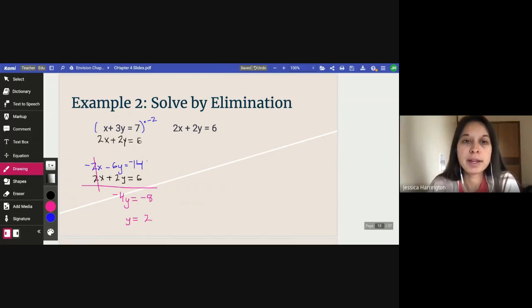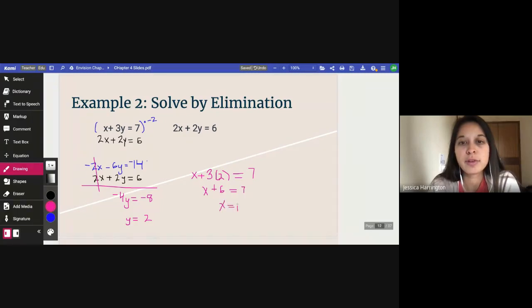Go back in and plug it in. I'm going to use the original equation. So I'm going to write x plus 3 times y. Well, I know y is 2, so I'm just going to plug in 2. Equals 7. That means x plus 6 equals 7. So when I move that 6 over, -6 minus 6, I get x equals 1.